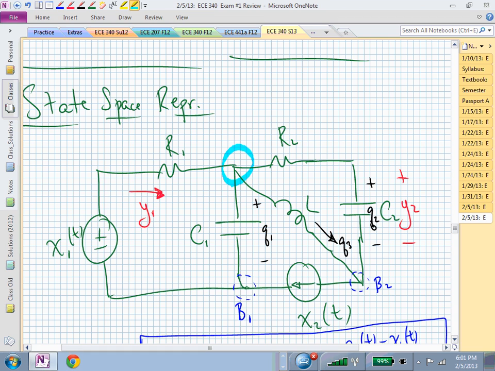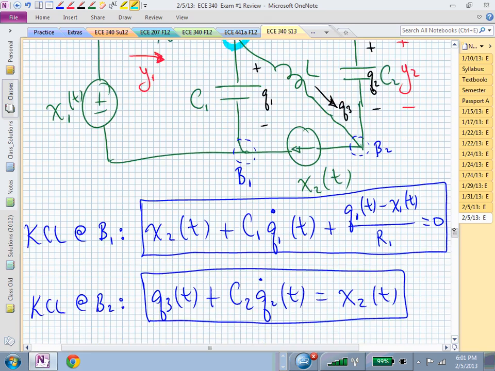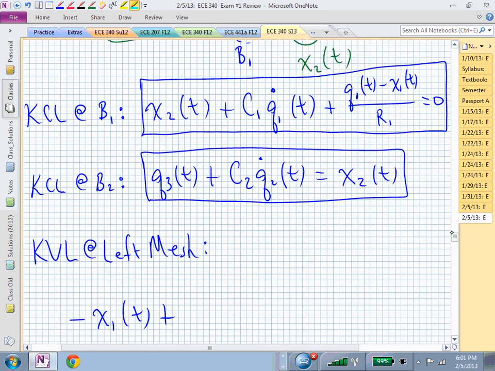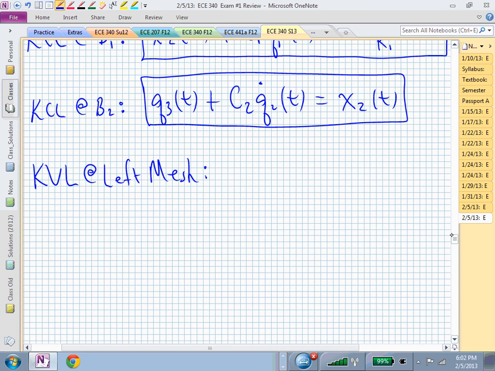If we now, well, I guess we'll do the same thing here too, essentially. If we, how do I want to do this? So if we did what you had suggested, let's say that we now did the following. We would have a current coming in from the left, which would be X1 of t minus Q1 of t over R1.